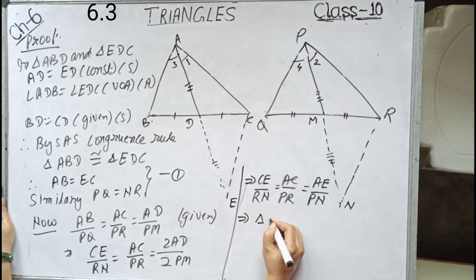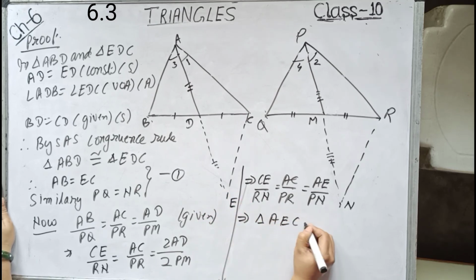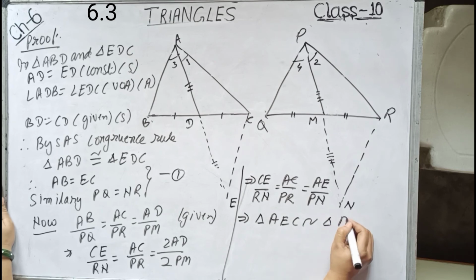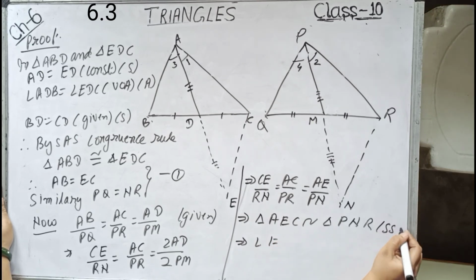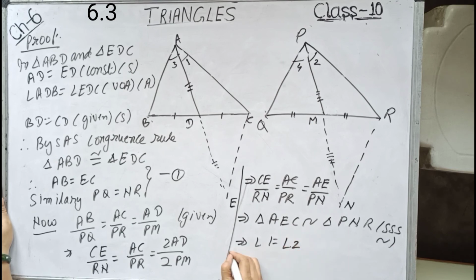This implies triangle AEC is similar to triangle PNR. This implies, by SSS similarity, angle 1 equals angle 2. Similarly, angle 3 equals angle 4.